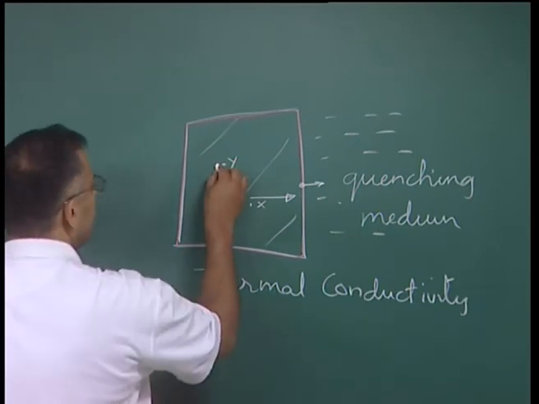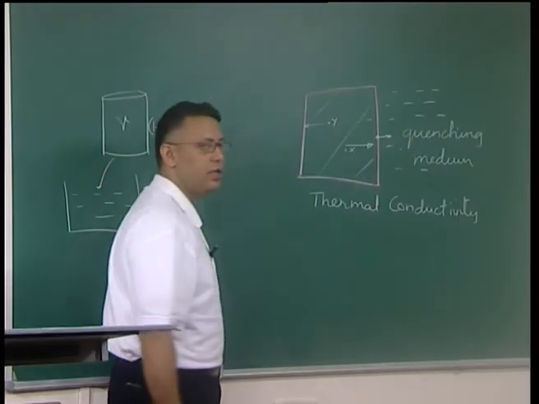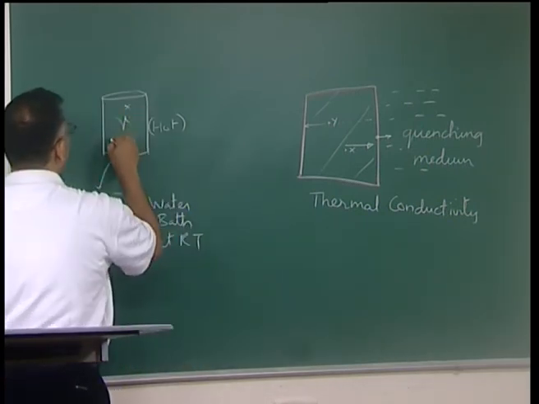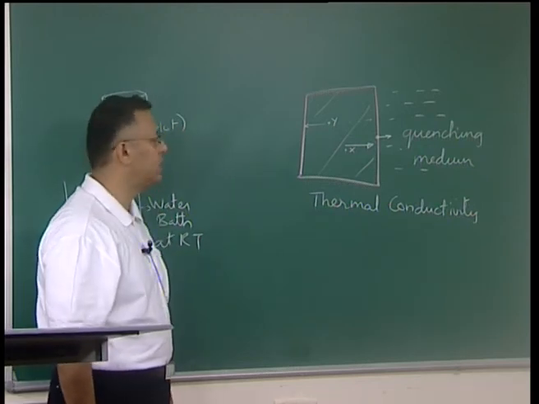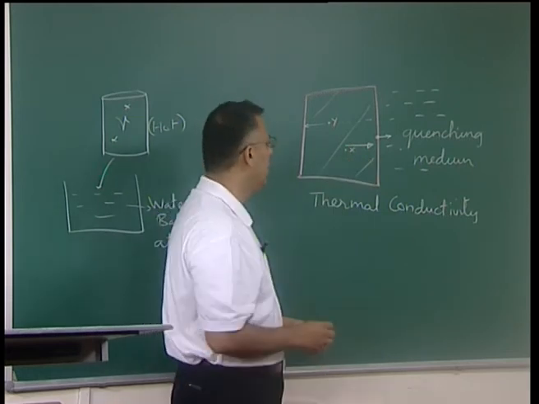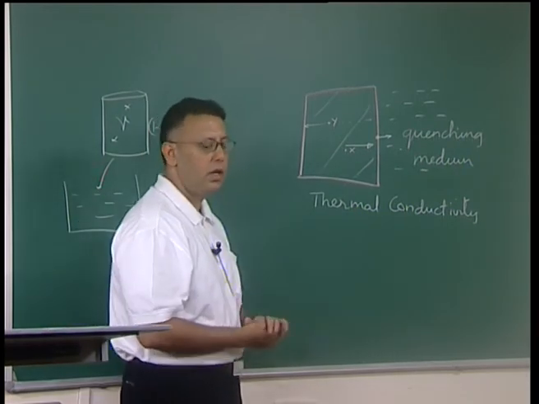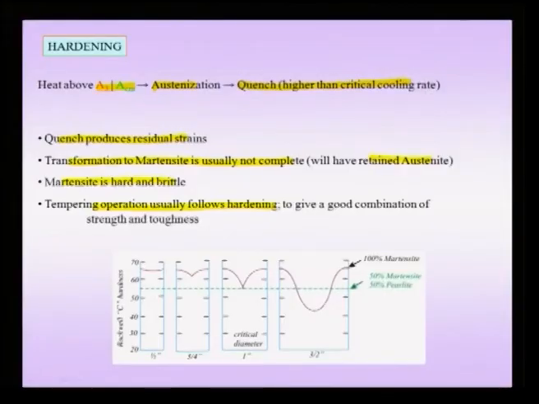So, the point Y for instance, you may draw heat towards this surface and some of the heat may also flow to this surface, but essentially the interior points within the cylinder, which could be located somewhere here or here, do not feel the direct effect of the quenching medium, and they are dependent on the thermal conductivity of the material being quenched, and therefore, they do not face such a severe cooling rate as the surface faces. So, what is the consequence of the fact that now only my surface is feeling my quenching rate?